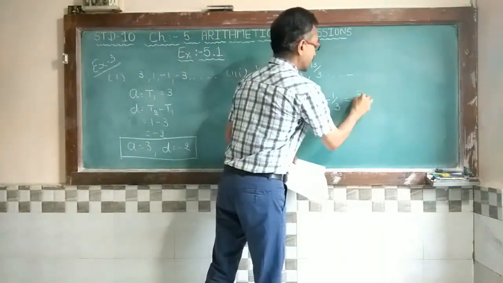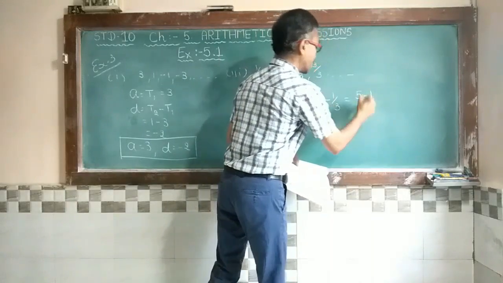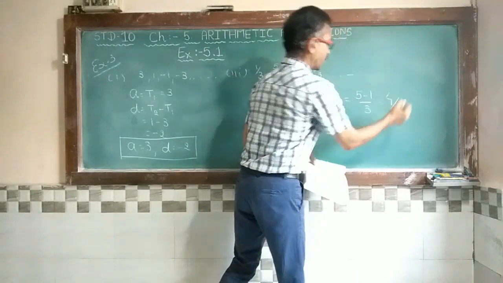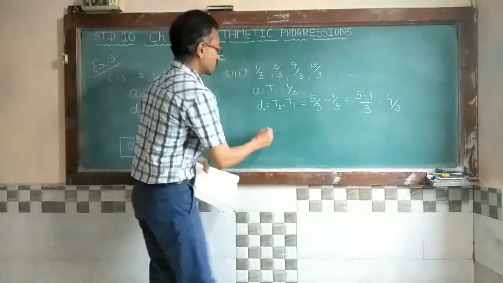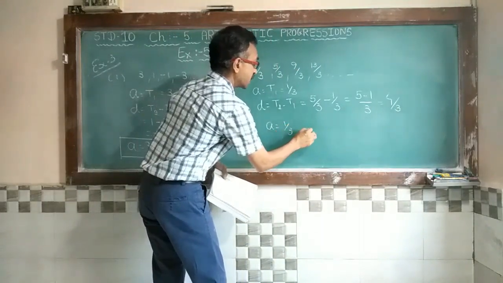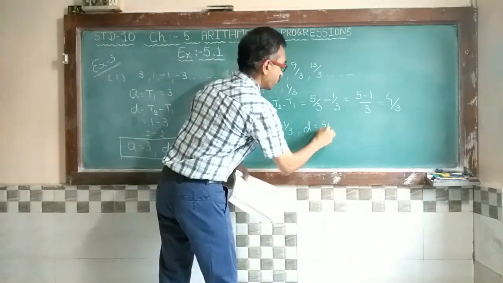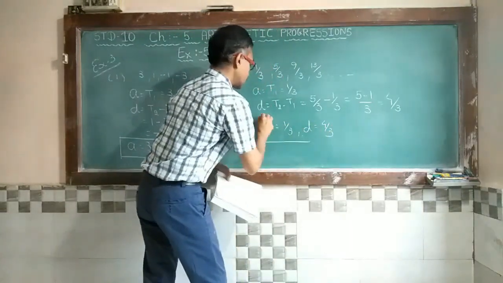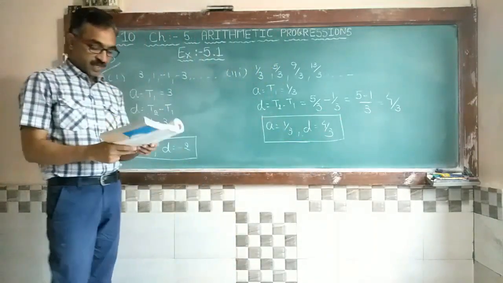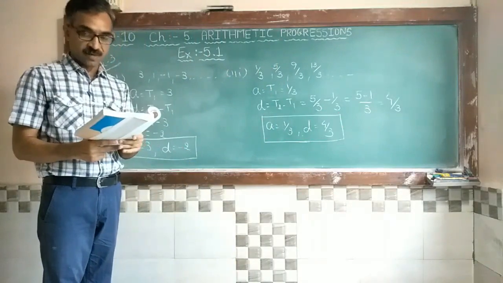LCM 3, 5 minus 1 divided by 3, that is 4 upon 3. So your answer is A is equal to 1 upon 3 and D is equal to 4 upon 3. This is your answer. Okay. Same thing, the remaining 2 examples you have to do yourself.